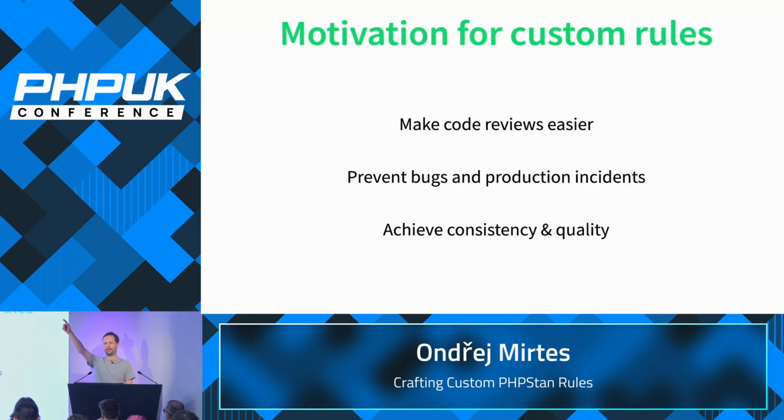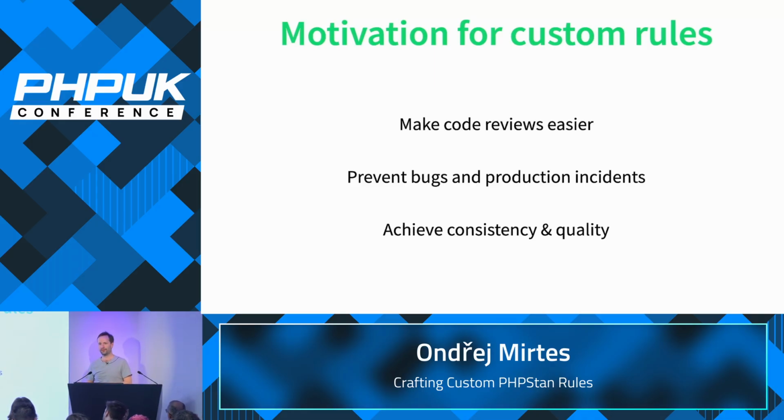So who is doing code reviews? Hopefully everyone, perfect. So it can be very tiring to be pointing out the same mistakes over and over in the code reviews. And the idea with custom rules is that for those common mistakes that are happening over and over, you can implement an automated check that is going to run in CI, and the pull request, the branch should come to a human reviewer after the CI is green, right?